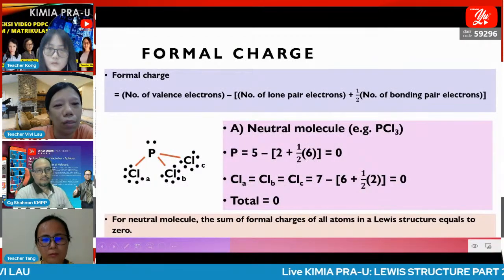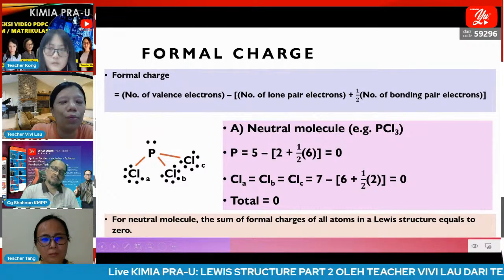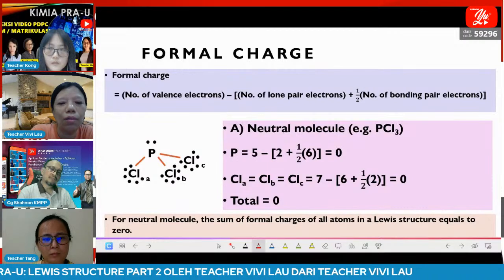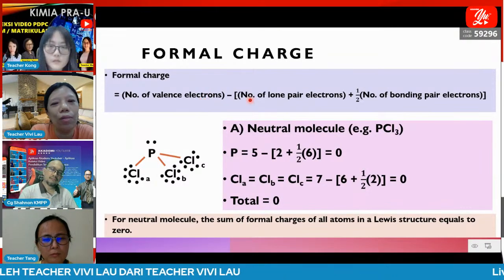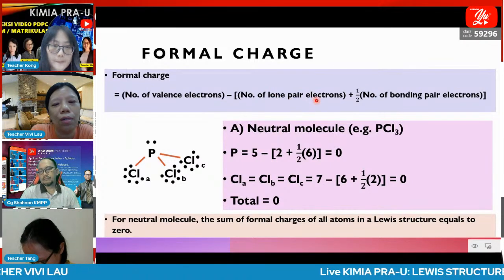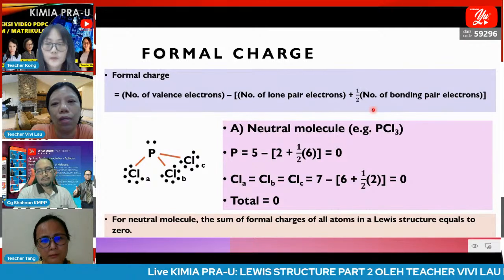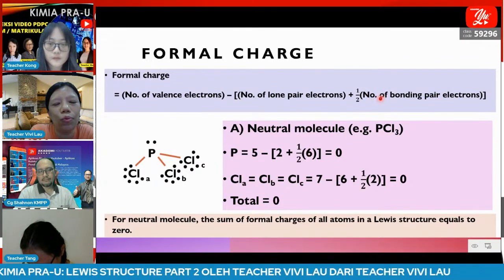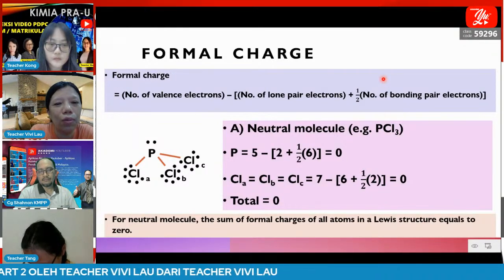So this is the formula for formal charge. Formal charge is the number of valence electrons minus the total of the number of lone pair electrons plus half the bonding pair electrons. Bonding pair electrons is halved because they are shared equally between 2 atoms, so you have to divide by 2.